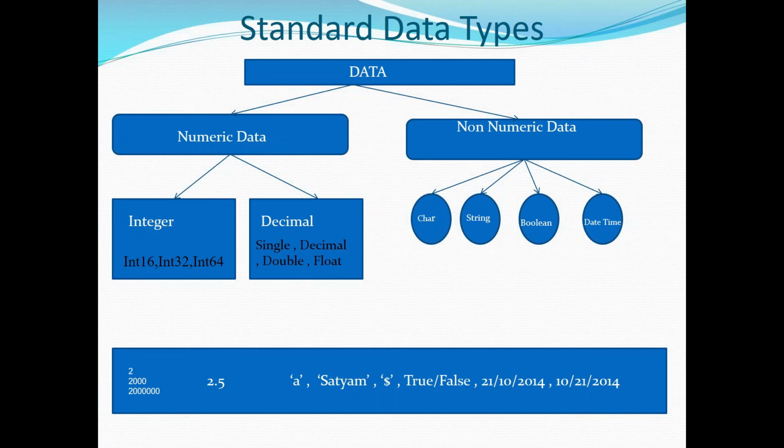If the number size exceeds the int 16 range, then it will go to the next slot, that is int 32. Whatever amount of memory is allocated for int 32, that much will be allocated to the respective variable.